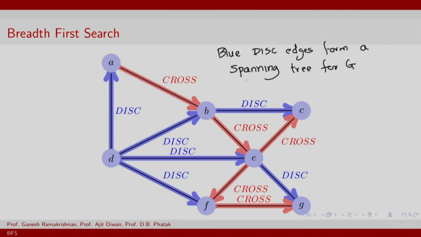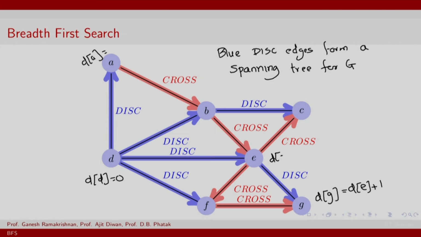And if you also do the optional step of keeping track of distances, we note that the distance of node D was 0, distance of A is 1 and so on. And let us consider a slightly far off node here, say G. Now distance of G was obtained from the distance of E, that is how it was traversed. So its distance of E plus 1.